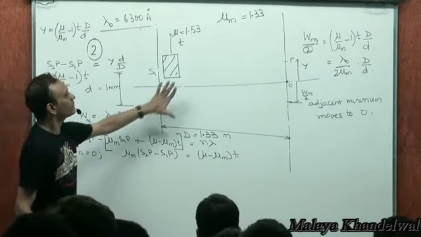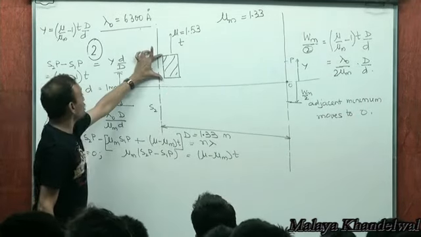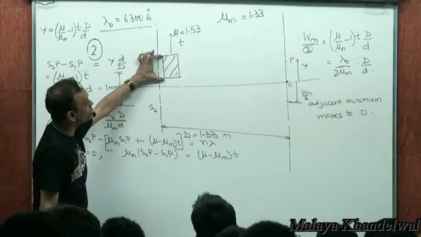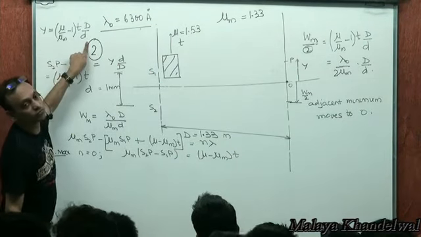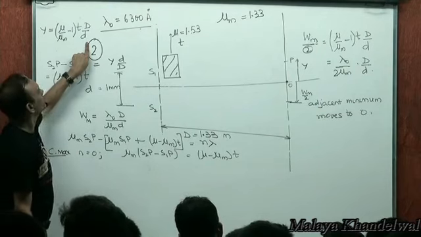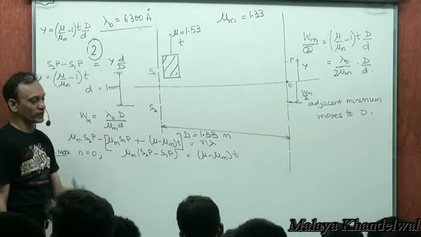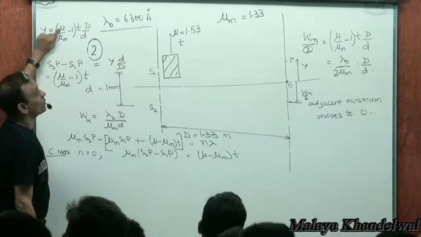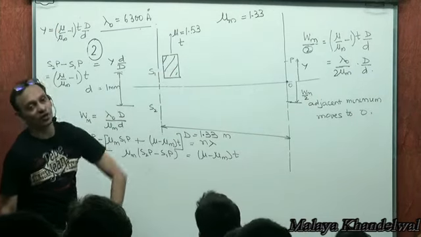So one thing, again remember this: in a medium of refractive index mu m, the introduction of a glass plate will shift the fringe pattern up by this amount. Yes or no? This is what would happen. Mu by mu m is the refractive index of this with respect to the surroundings.